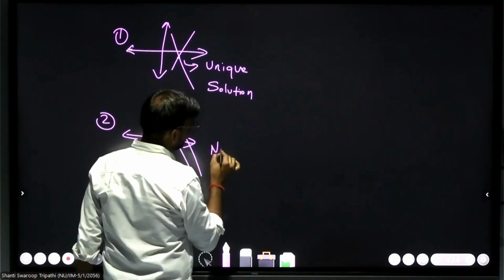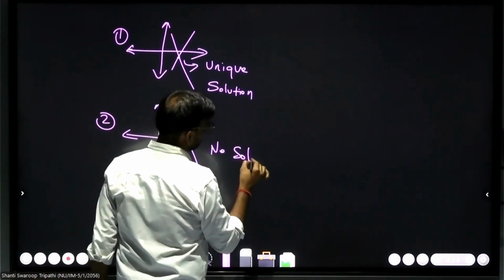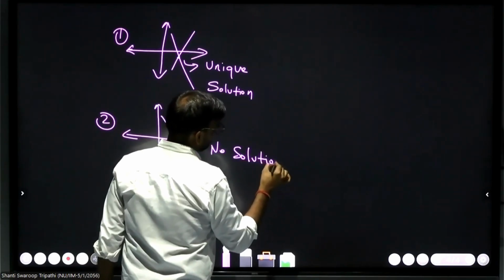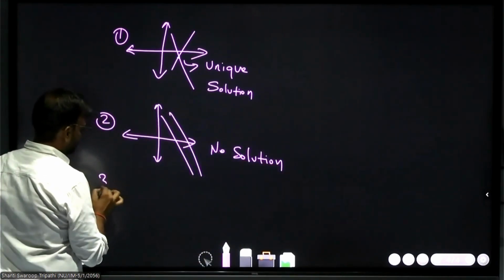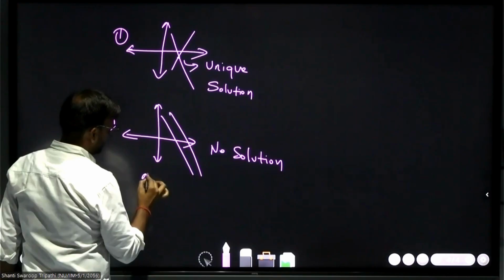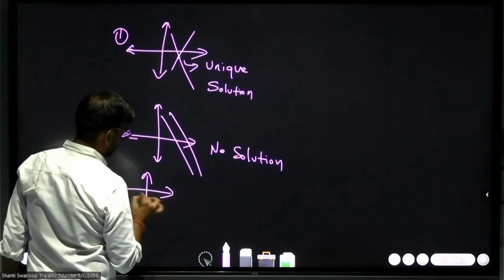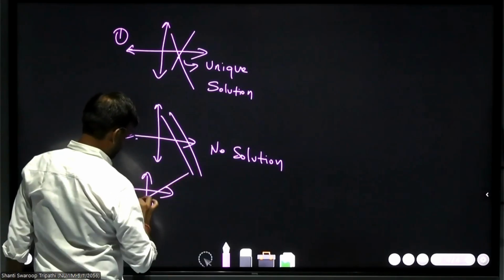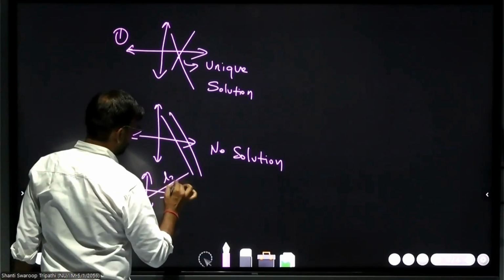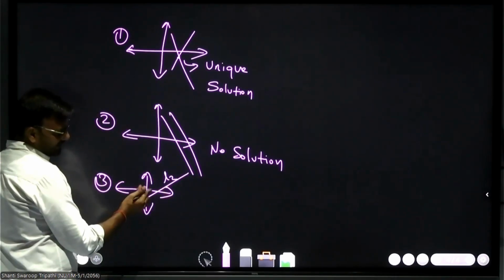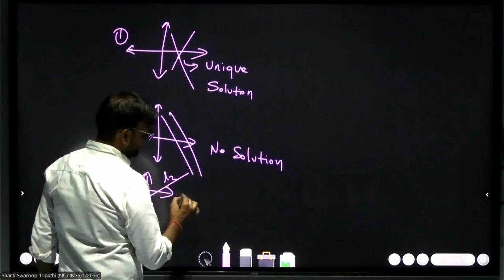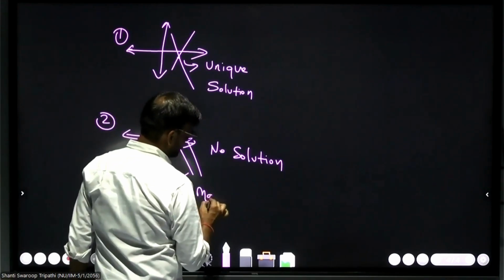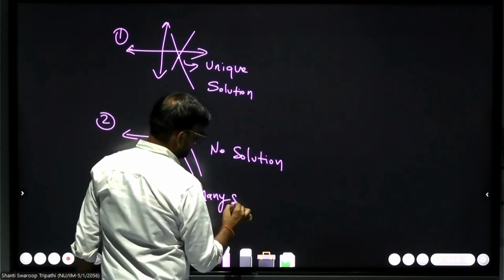And the third condition: if line 1 and line 2 coincide with each other, then we have many solutions.